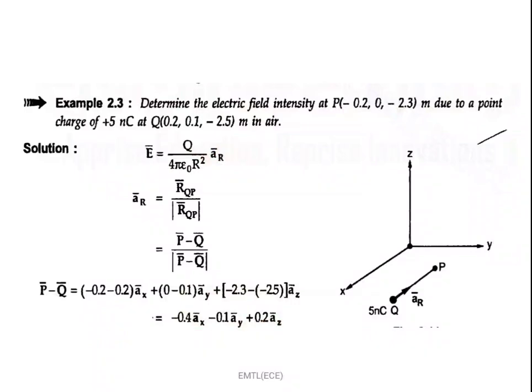Finally the distance between the 2 points, R bar QP, is minus 0.4 AX bar and minus 0.1 AY bar plus 0.2 AZ bar.